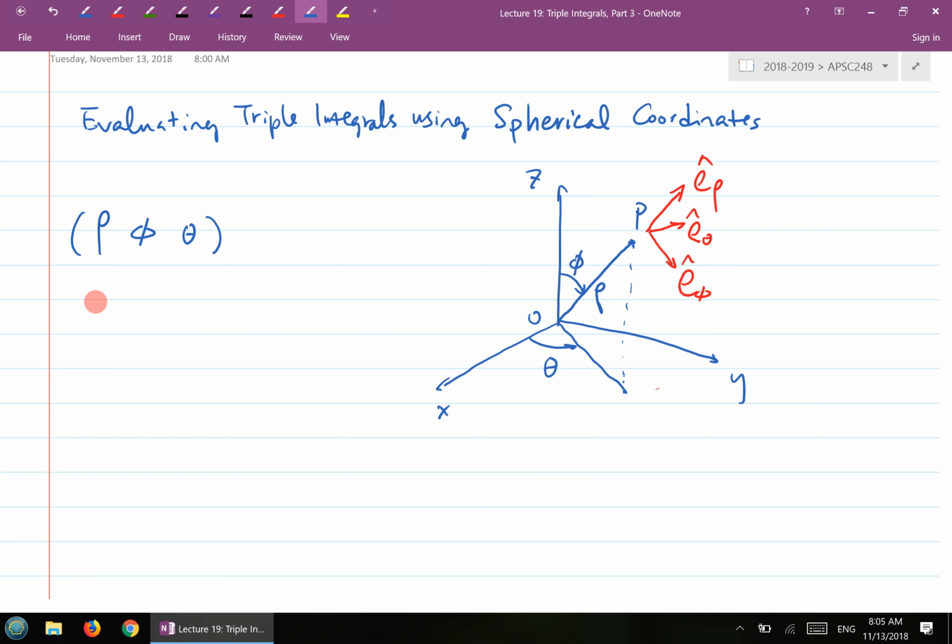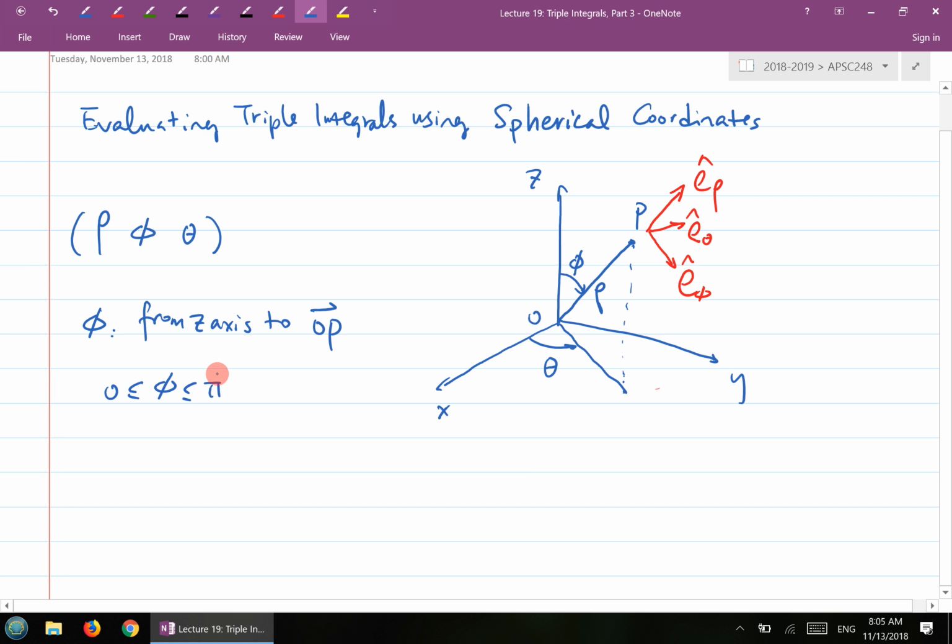What I want to emphasize is your phi angle here. This is from your z-axis to the OP vector or OP line segment. And phi has a limit. Your minimum and maximum for phi needs to be between 0 and pi.